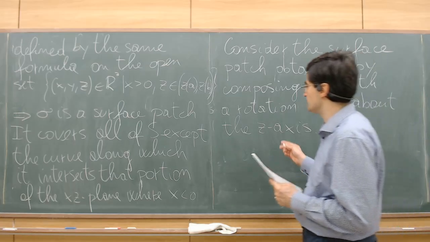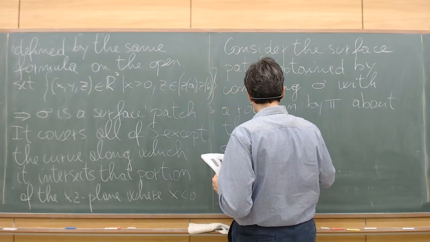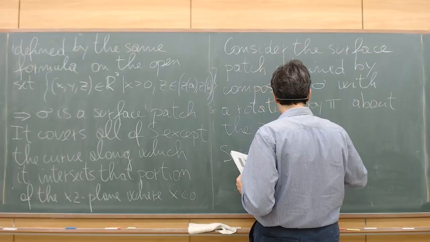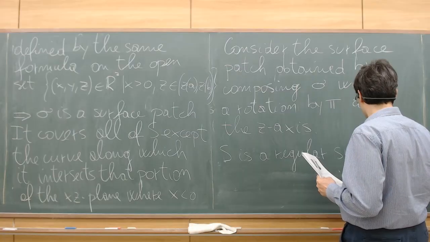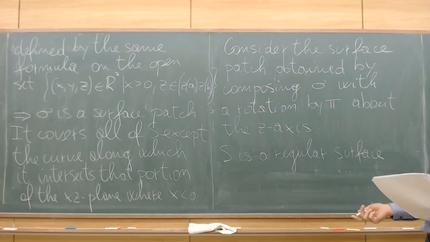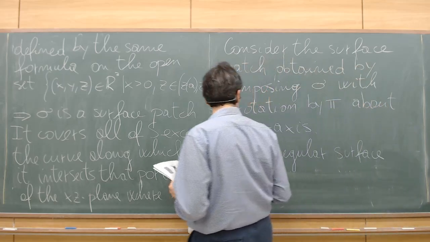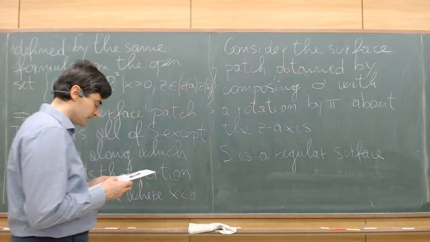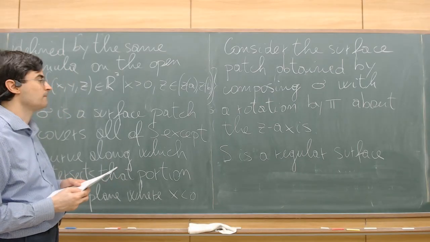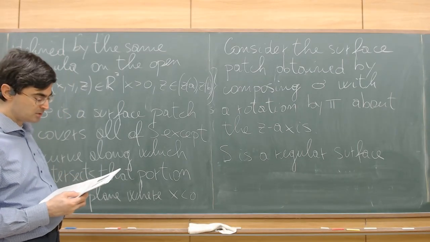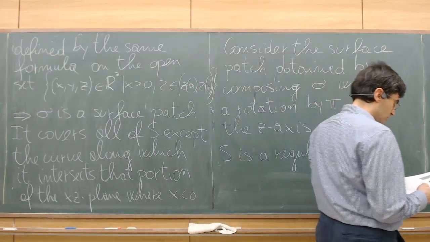So this proves that S is a regular surface because we found two surface patches which together cover all of the points of S. Now we want to check that the Jacobian matrix at Q, at a generic point Q of sigma, has rank 2.